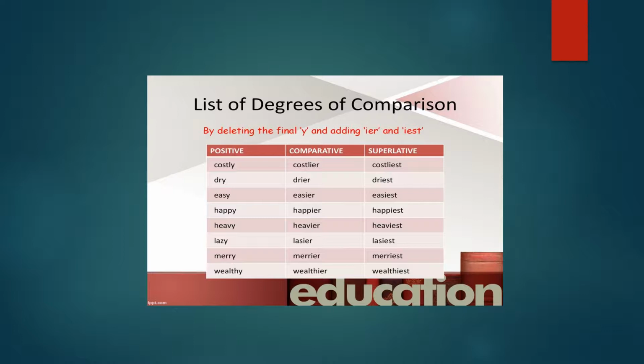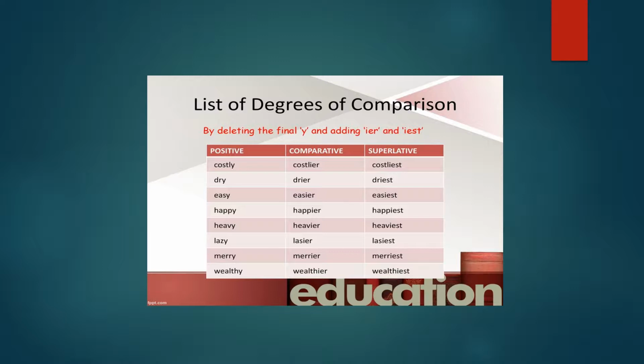We change y into i plus er in the comparative form, and in the superlative form we convert y into i and add est. So busy, busier, busiest; dirty, dirtier, dirtiest; easy, easier, easiest; funny, funnier, funniest; happy, happier, happiest.